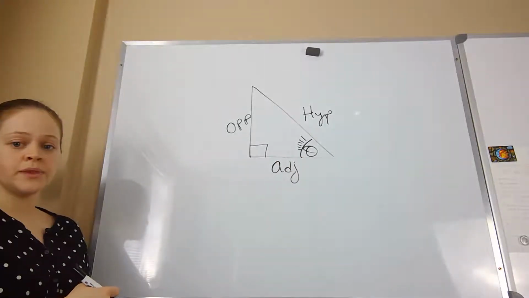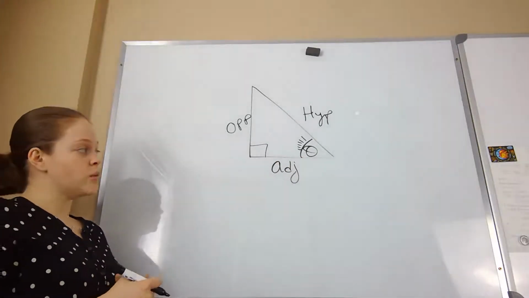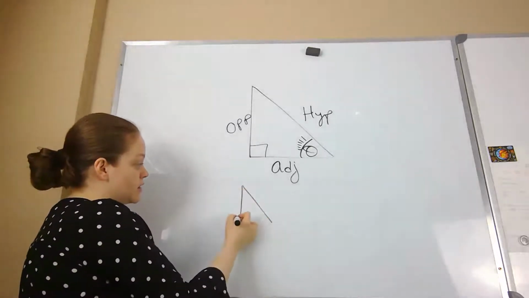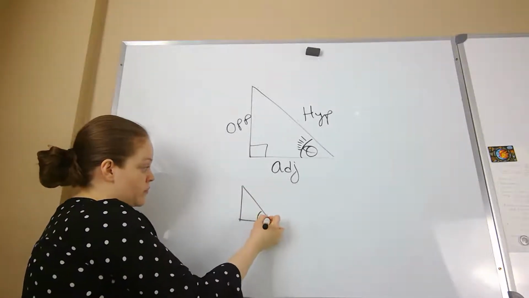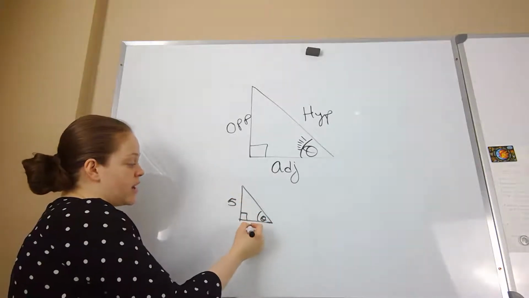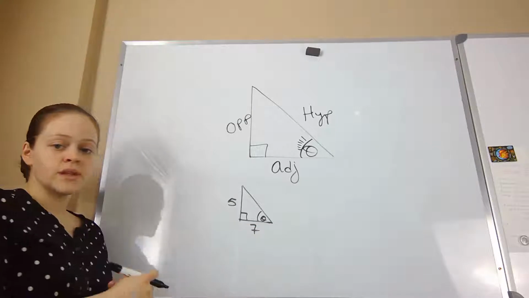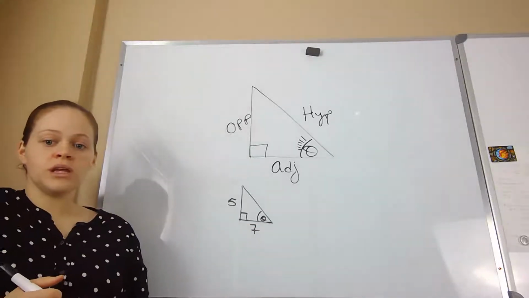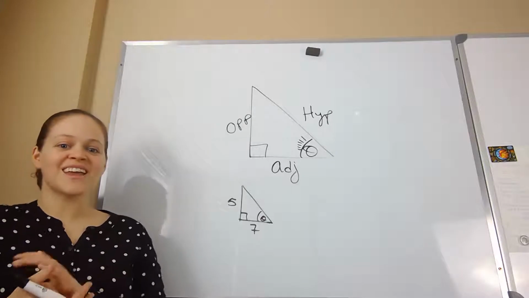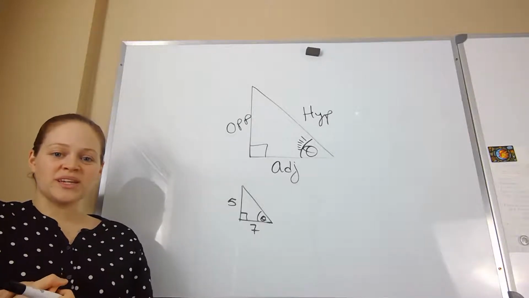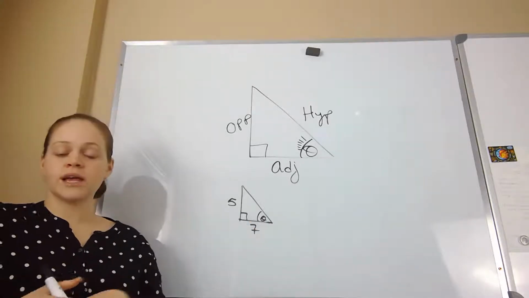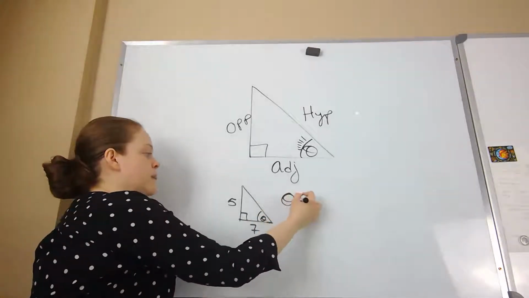All right, and so if we have a question, maybe it is: find this angle when this side is 5 and this side is 7. Opposite faces the angle. So now we need to figure out what the angle is. So angle equals what?